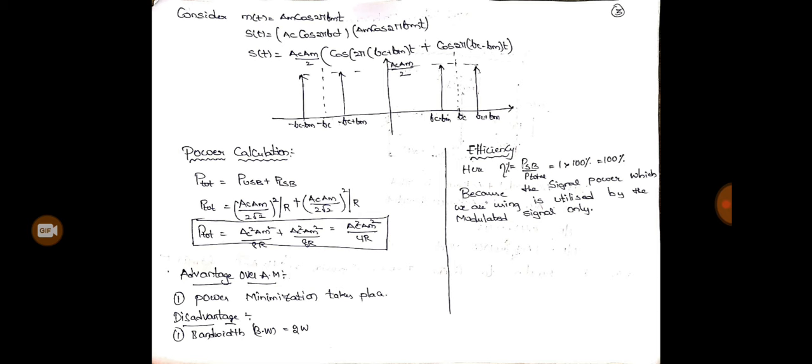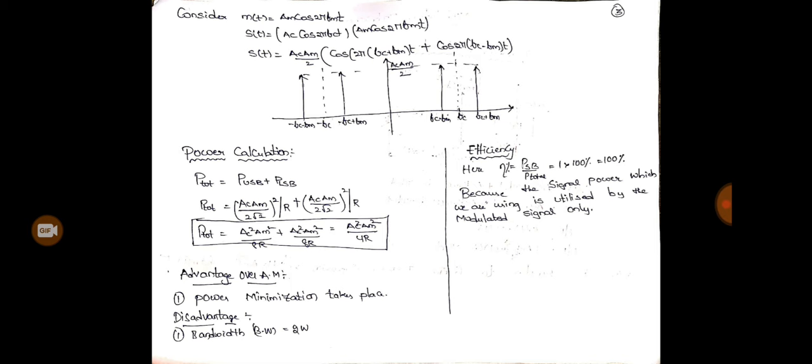So we can say P total is equal to the power of the upper side band component plus the power of the lower side band component.